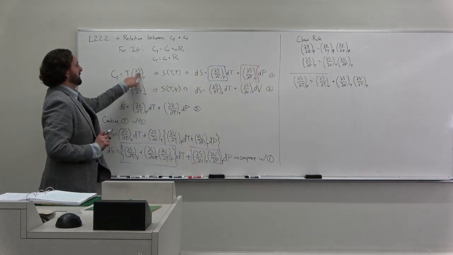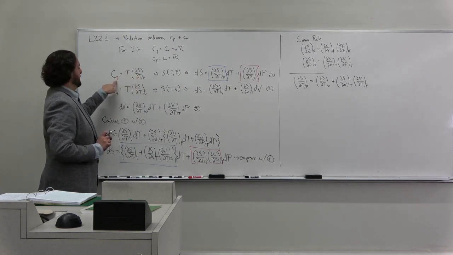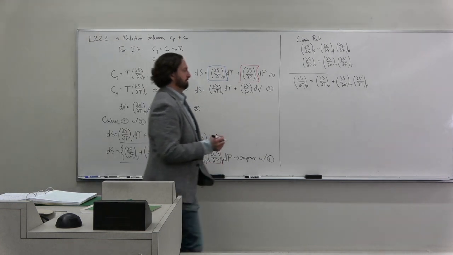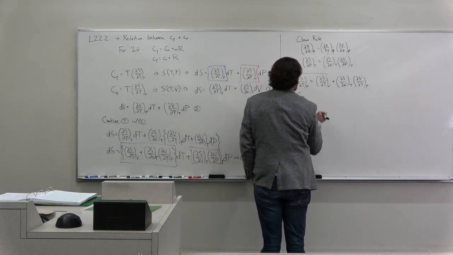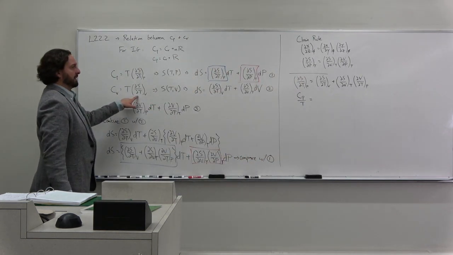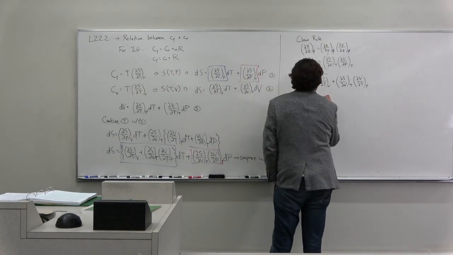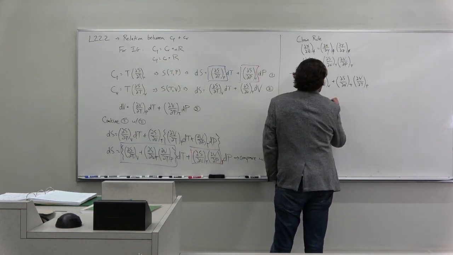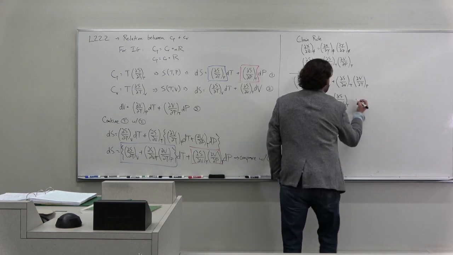Well, you can see partial S partial T at constant P is really just CP over T. Okay, so that's just CP over T. Partial S partial T at constant V is just CV over T. And now we have to deal with this term. Okay.